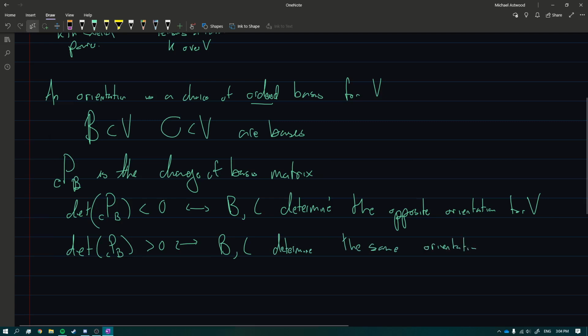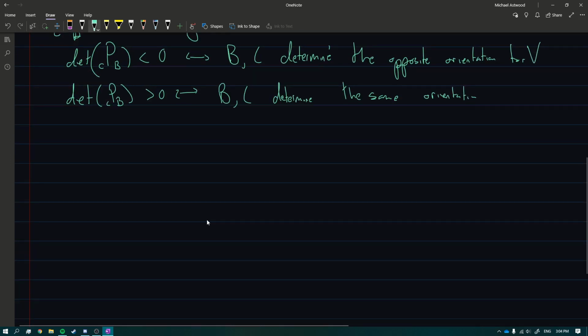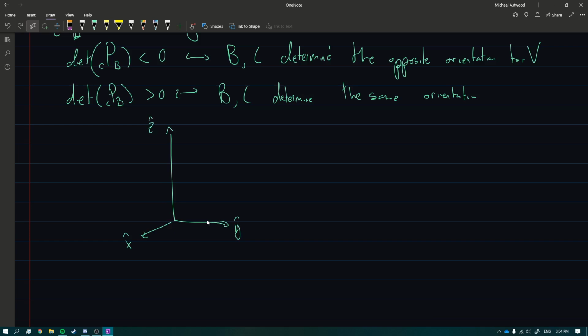So what this means is that if you have a choice of coordinates, and you set x hat, y hat and z hat in your coordinate system, using R3 as an example here, then this basis would be x hat, y hat, z hat.